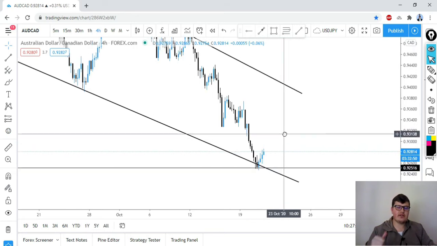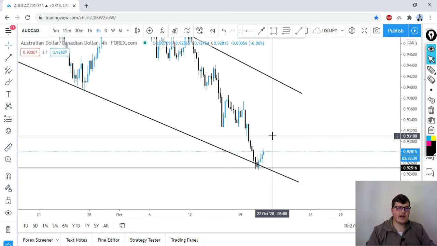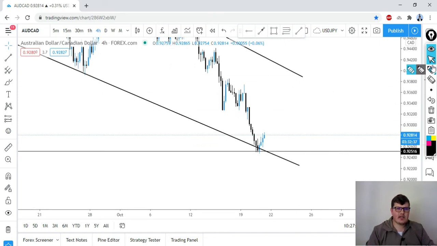Then there's the falling wedge, and we have our weekly resistance levels. So already that's 3 strong indications that we might see a move higher. But again, this can also be a corrective wave following this impulsive wave, so it can still continue lower.